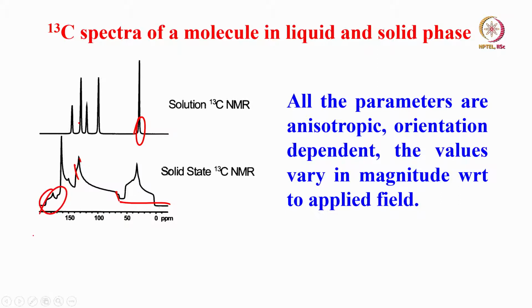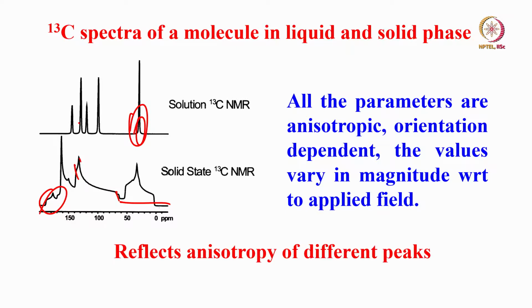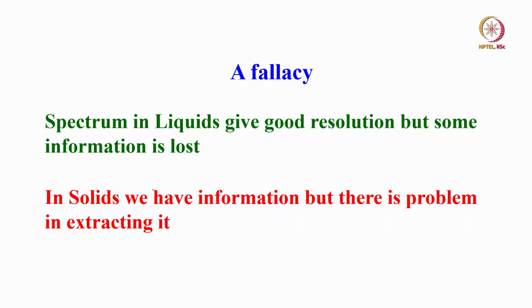Like that, you can even get the information about axial symmetry and axial asymmetry just by looking at the spectrum of the molecule. At this carbon site, I can say there is no axial symmetry. Like that, you can discuss. So all this gets reflected in the anisotropy, gets reflected in the NMR spectrum, especially in a non-spinning sample if you take it. Now with this, we can just come to a fallacy.